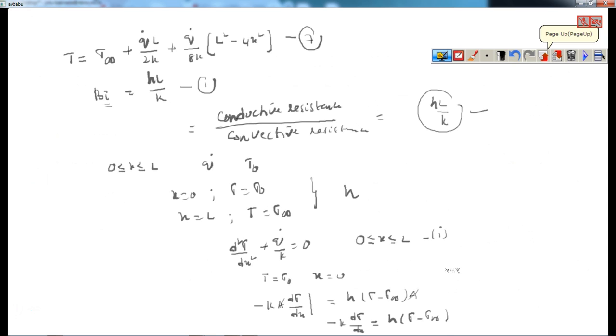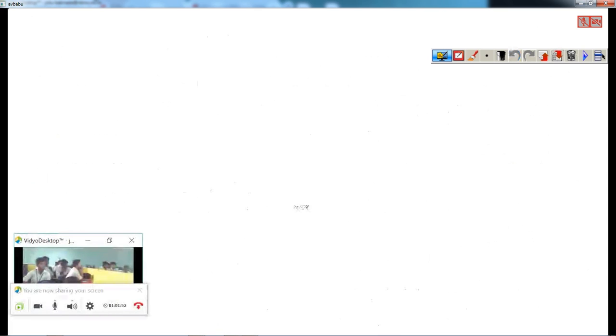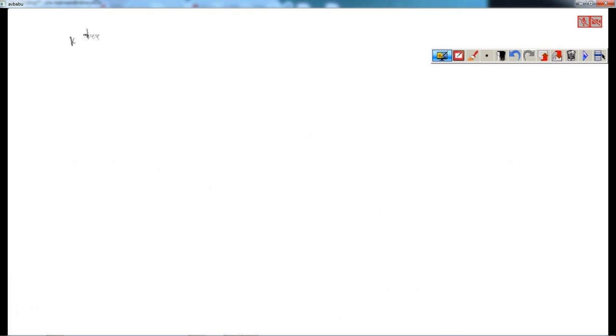So this is T is equal to T0 at x is equal to 0, and this I am denoting as 3: minus k dT by dx is equal to h into T minus T infinity when x is equal to L. Now this equation I am writing as k dT by dx plus h into T minus T infinity.